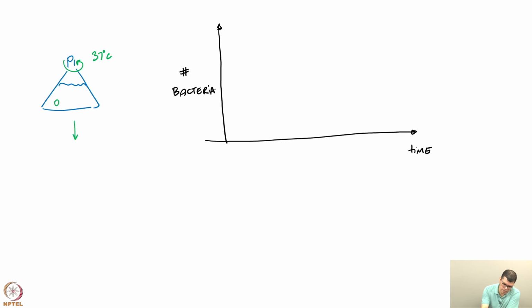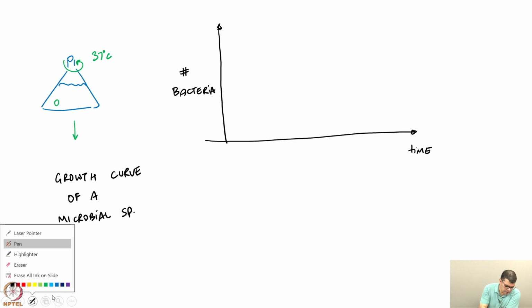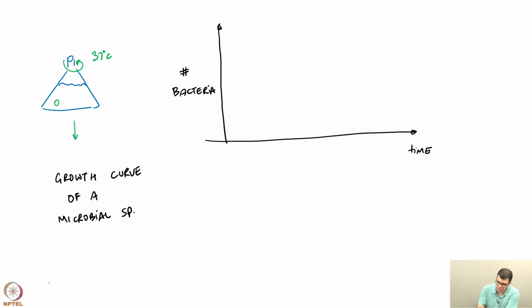This is referred to as the growth curve of a microbial species, and it characteristically has a few different phases associated with it. Let's just draw this and then we'll see. As you can see, this can be divided into roughly 4 different phases.